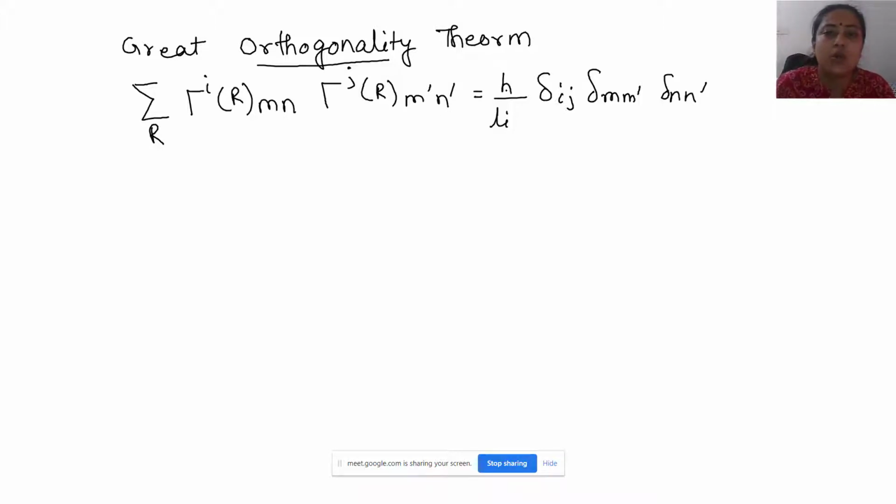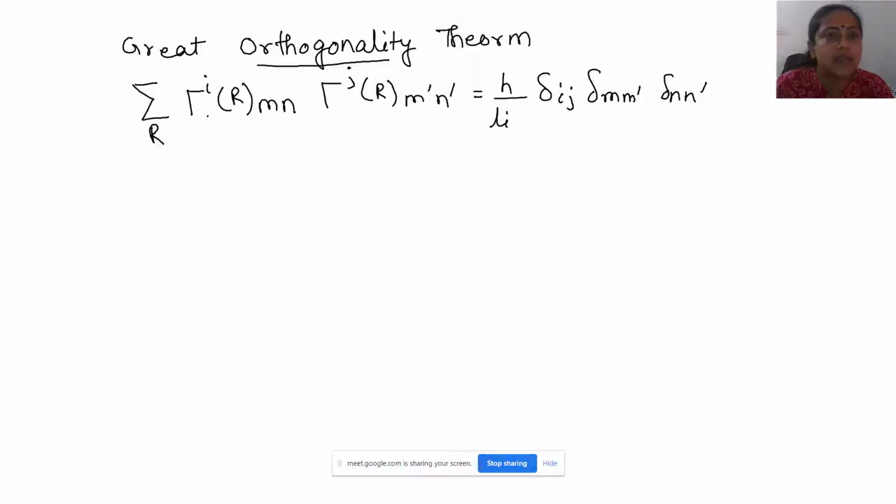And that is equal to h by l_i, where h is the order of the group and l_i is the dimension of the irreducible representation we are talking about. And then delta ij, this is a Kronecker delta.